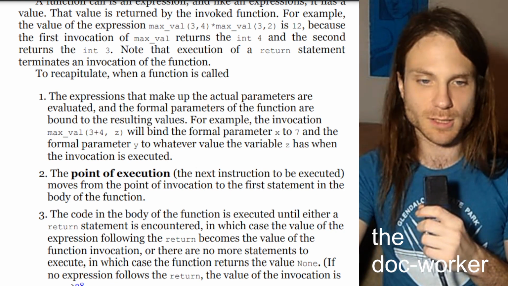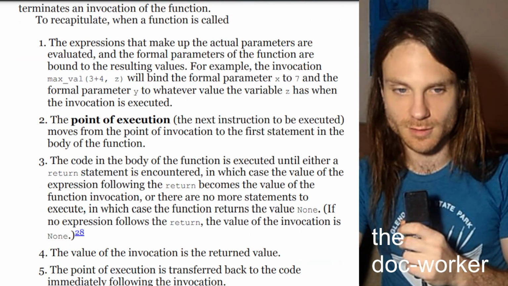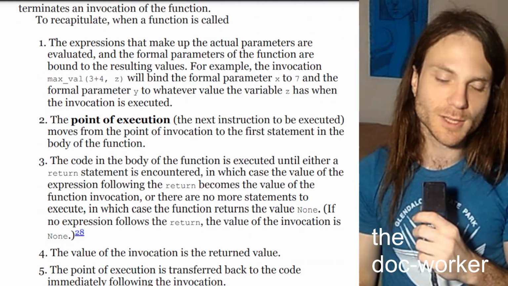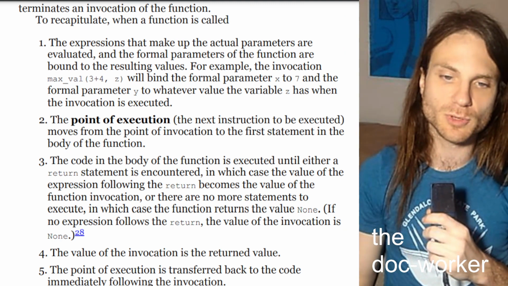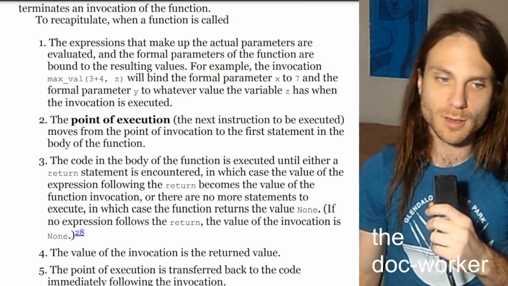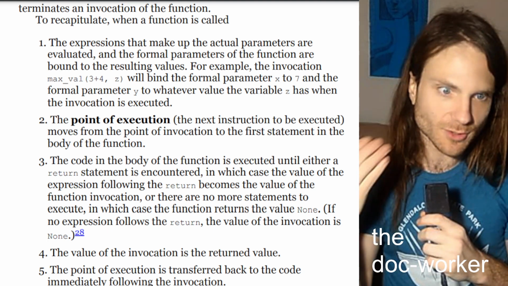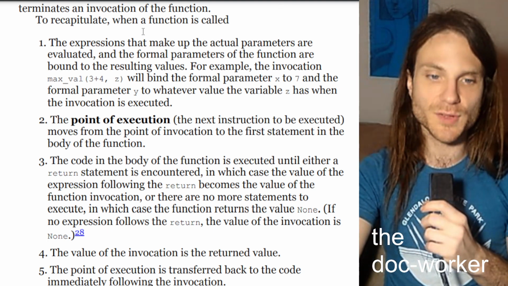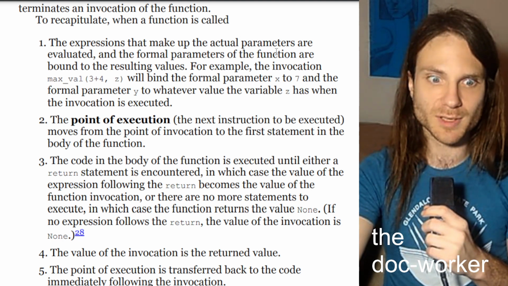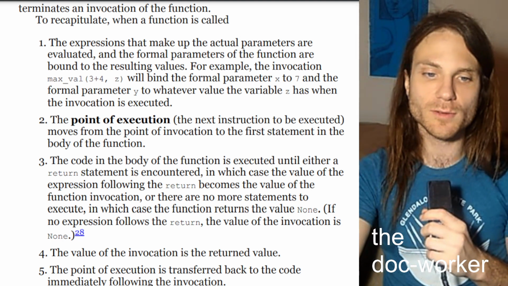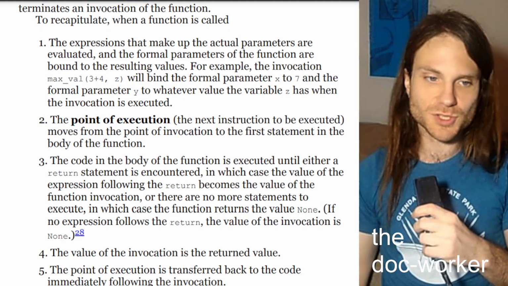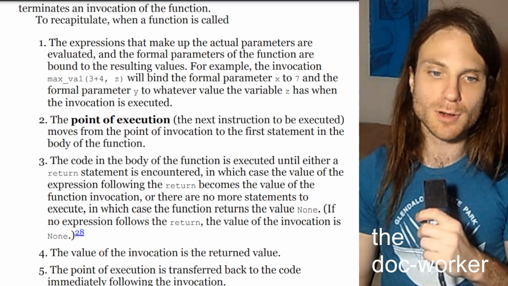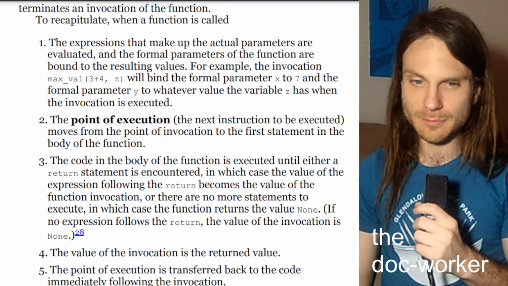To recapitulate, when a function is called, 1. The expressions that make up the actual parameters are evaluated. In other words, the arguments, as they're always called. I'm surprised to see them being called this. The expressions that make up the arguments are evaluated, and the formal parameters, otherwise always just called parameters, of the function are bound to the resulting values.